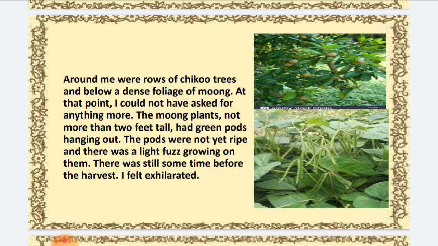So he was experiencing and he was enjoying each and every moment and each and every sight of the farm. सगळंच ते सगळं हिरवळ शेतातली, त्यात छोट्या छोट्या शेंगा, बाजूला असणारे चिकूचे झाड, हे सगळं बघून the writer was feeling very happy, very excited.